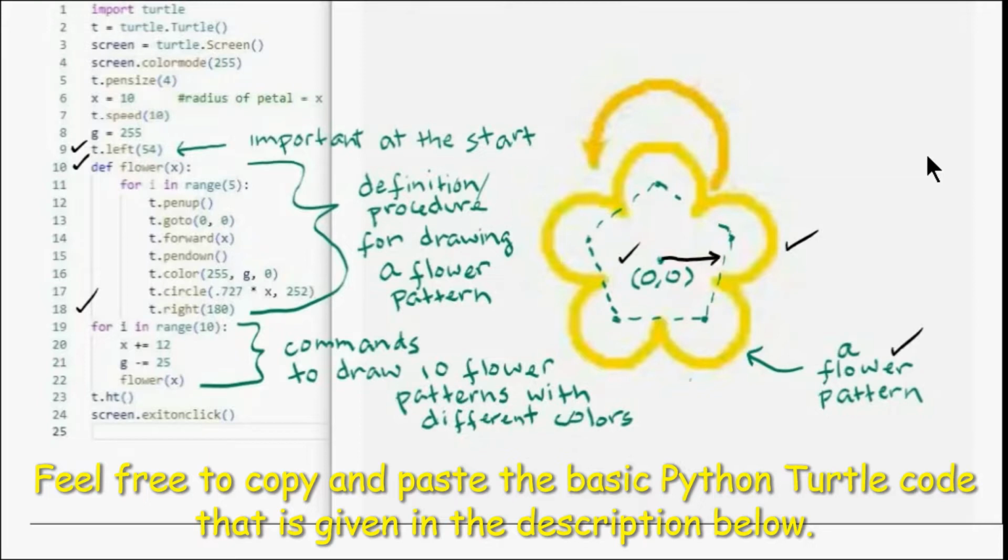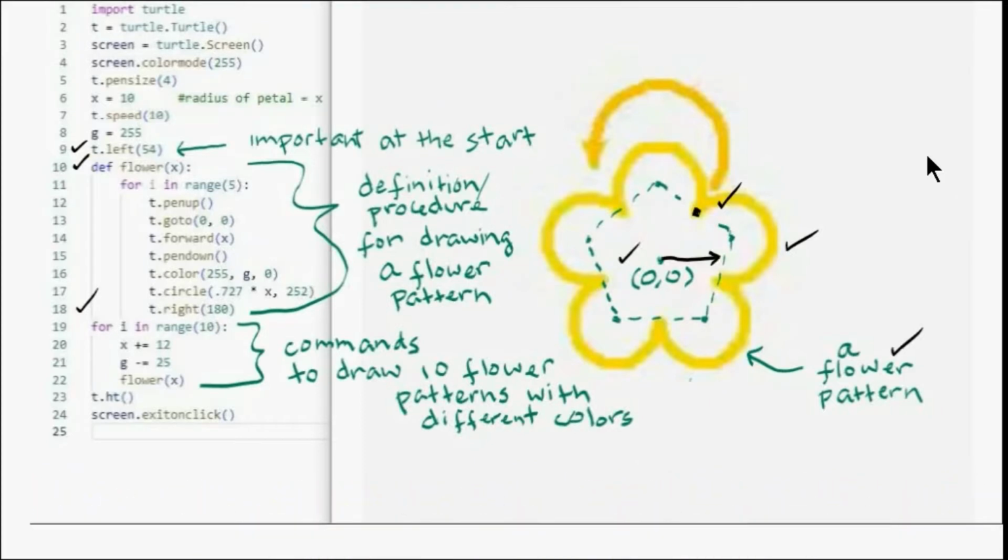But I want to start drawing at this point here, so what I need to do is turn the turtle 54 degrees to the left. So it's gonna be like this. And this is 54 degrees to the left.